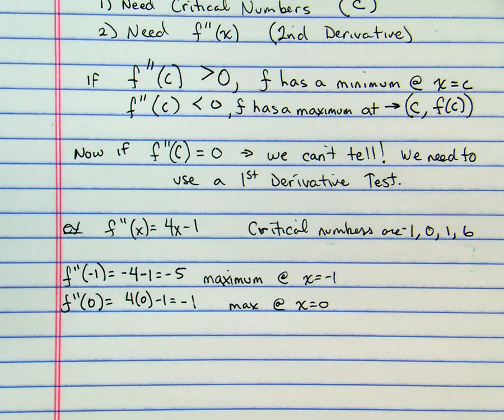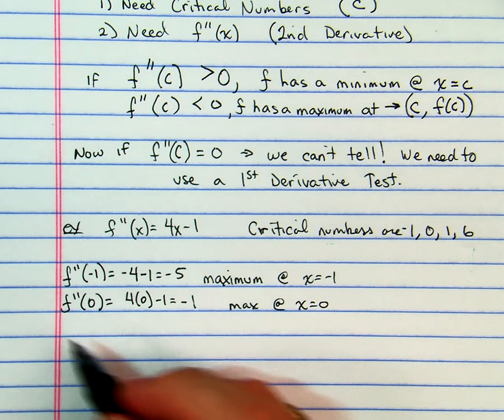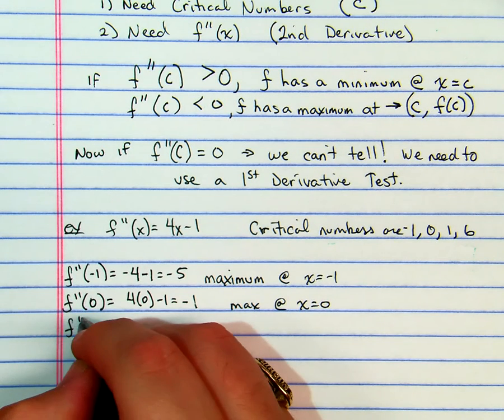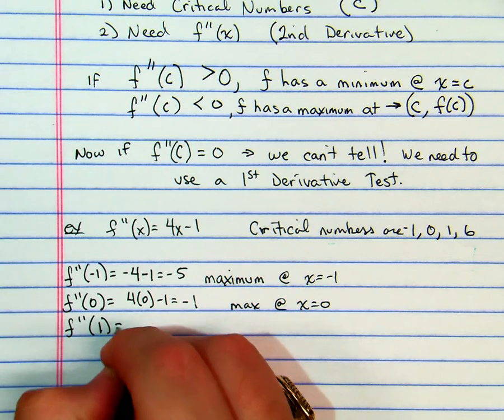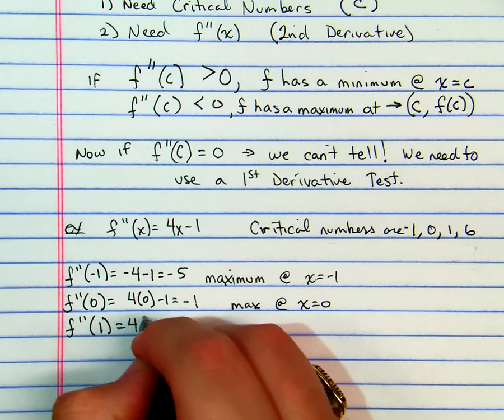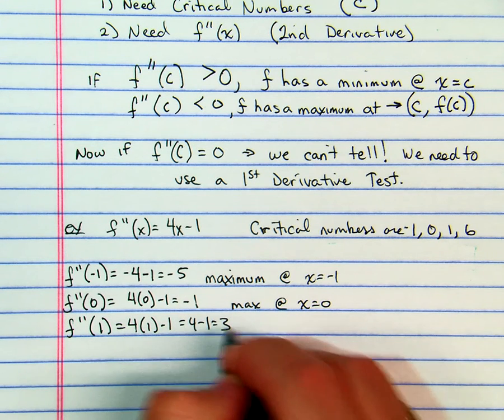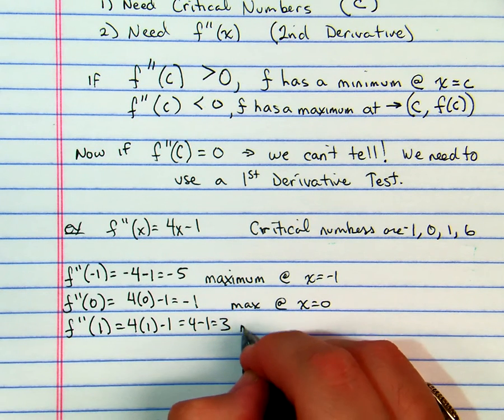That's the cool thing about this, you don't know what the original function was. You just go with what the test gives you. Because there could have been an asymptote that cut that graph off right in the middle, and you have a maximum on both sides. So, like I said, I'd hate to see the function that gave you these values. F double prime at 1, 4 times 1 minus 1. That's 4 minus 1, which is equal to 3, which is positive, which means it has a minimum at x equals 1.